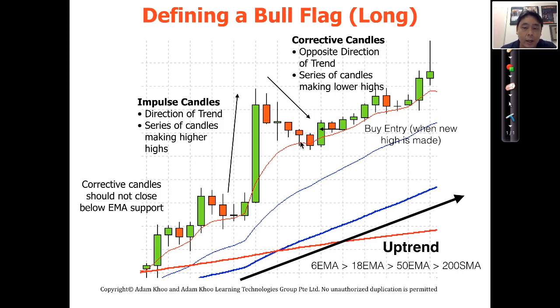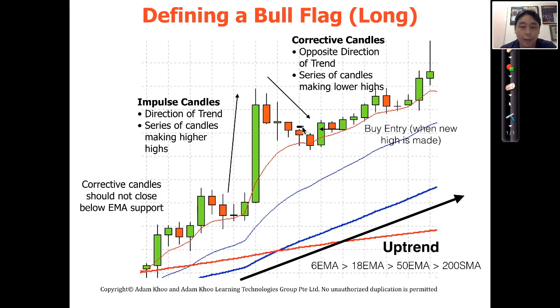It's at the 6. So what I do is once I see this, I'll place my buy order just above the high of this candle over here. Just above the high. A buy stop order. So the moment the price goes above the high of this candle, it triggers my buy order and I'm in the trade.